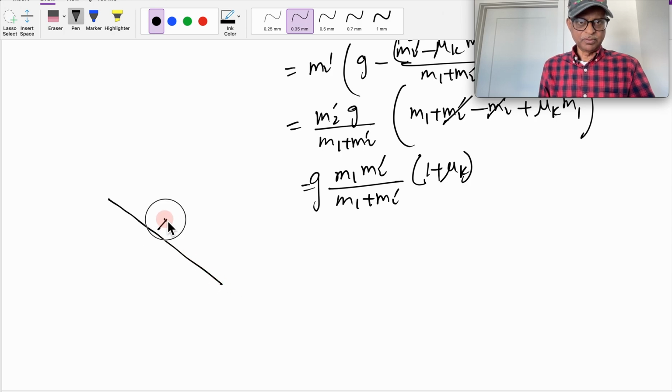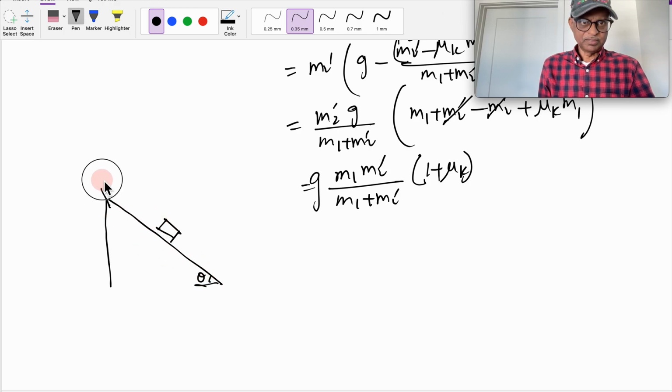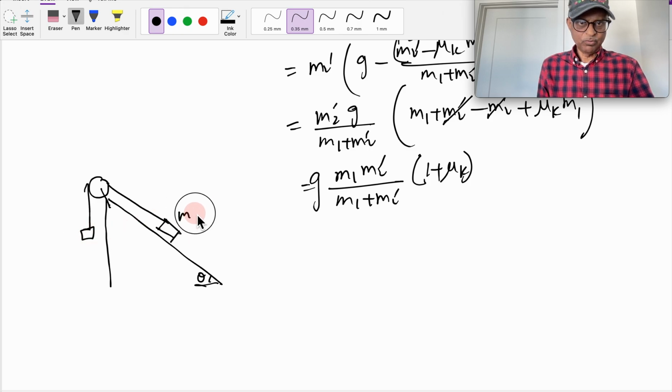So you will have something over here, and instead of flat, it's at an angle. So they have an inclined plane, but the pulley is here. Here's M1, here's M2.